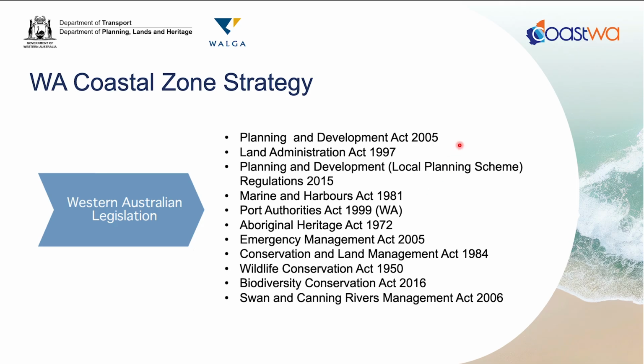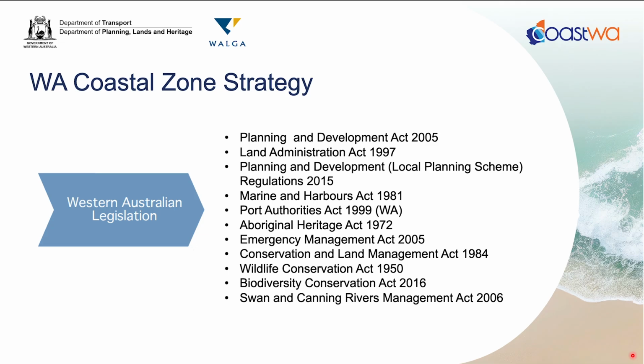Obviously, the Planning and Development Act, the Land Administration Act, the Planning and Development Local Planning Scheme regulations, the Marine and Harbours Act, Port Authorities, etc. And of course, it crosses over into a number of environmental legislation, such as the Conservation and Land Management Act of 1984. And that's due to the fact that coastal hazards also impact the natural environment, and the capacity of the natural environment to adapt to change.